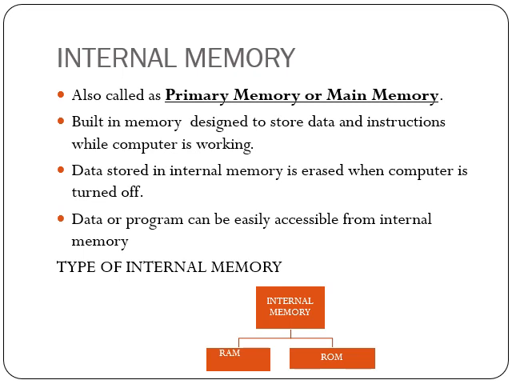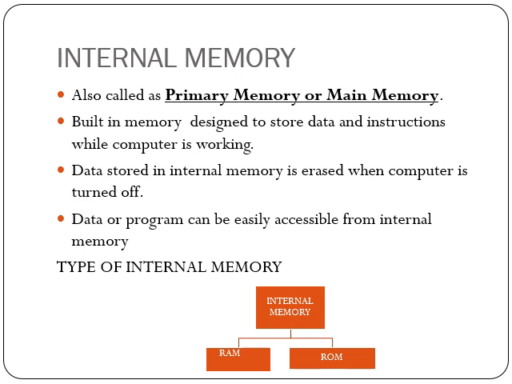Once the computer is turned off, the stored data will get erased. The data and programs stored in the computer can be easily accessed from this internal storage, as it is the fastest of all forms of computer data storage.